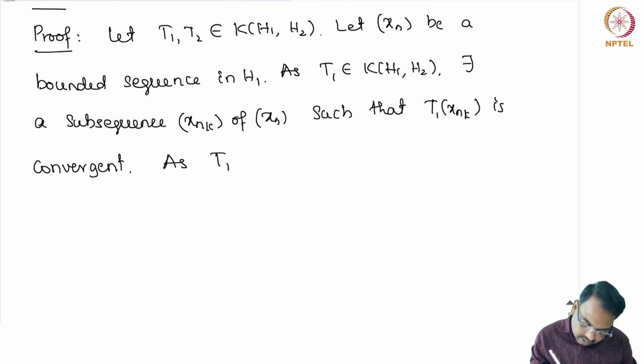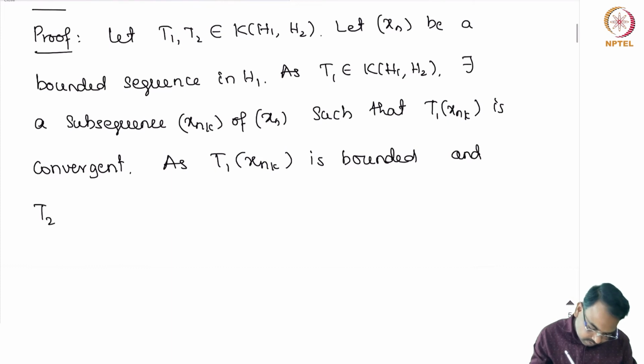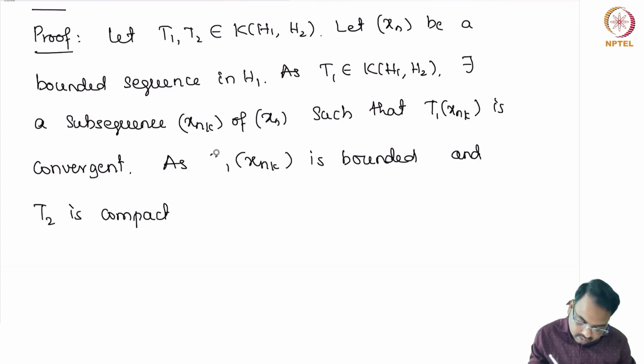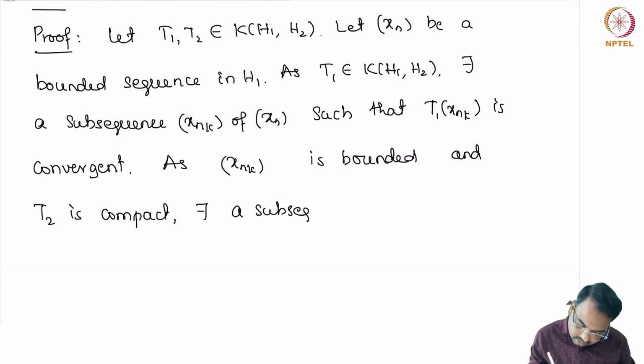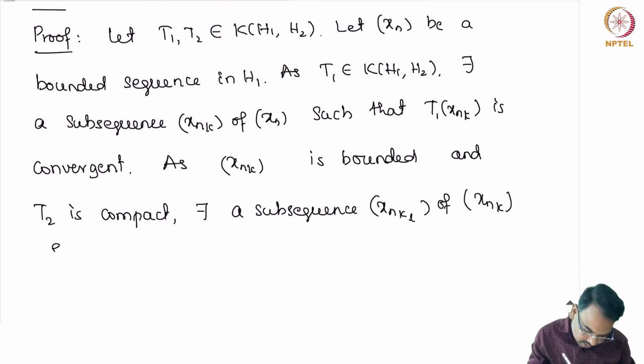As T1 of Xnk is bounded because it is convergent and T2 is compact, there exists a subsequence of this subsequence, let us say Xnkl of Xnk such that T2 of Xnkl is convergent.